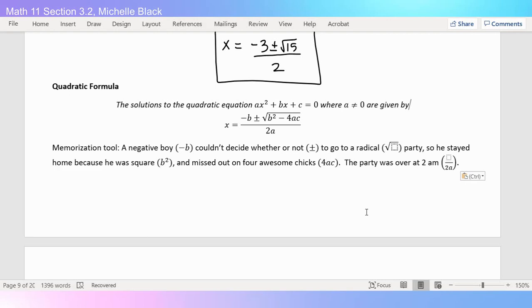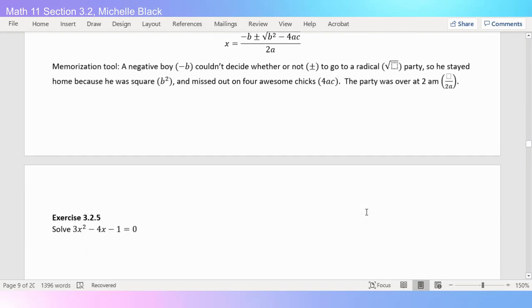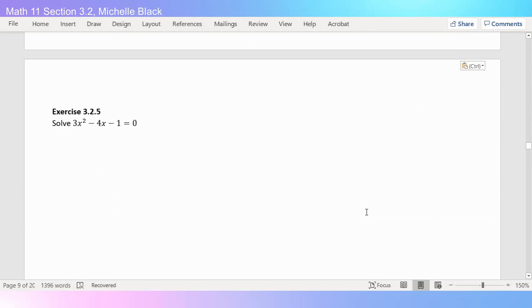Let's try to solve a problem using the quadratic formula. So exercise 5. Notice that this equation is already set up in the proper form, ax squared plus bx plus c equals 0.